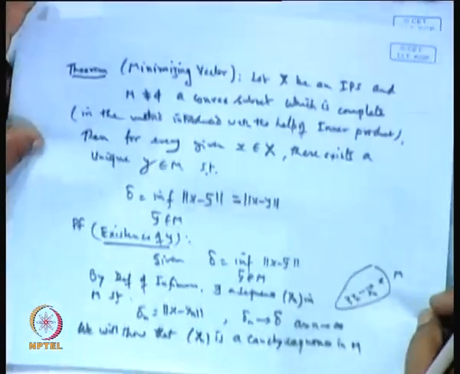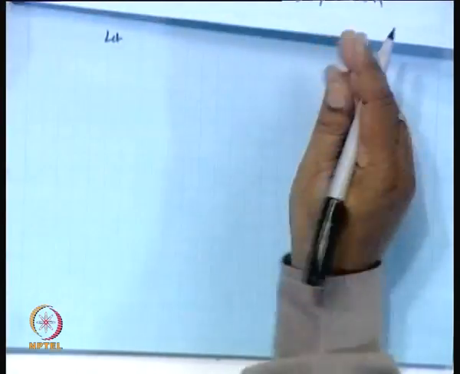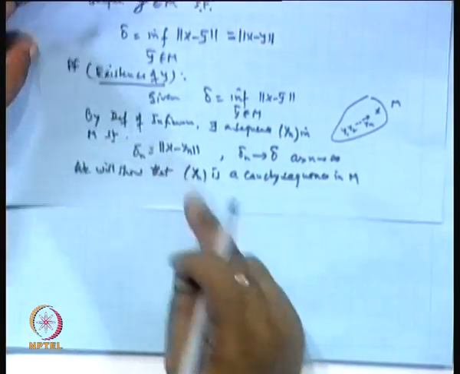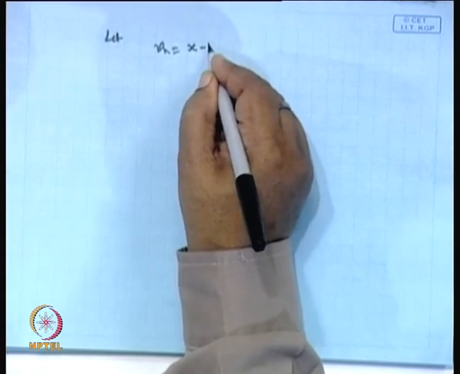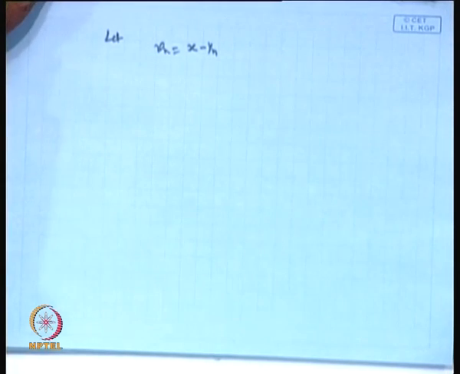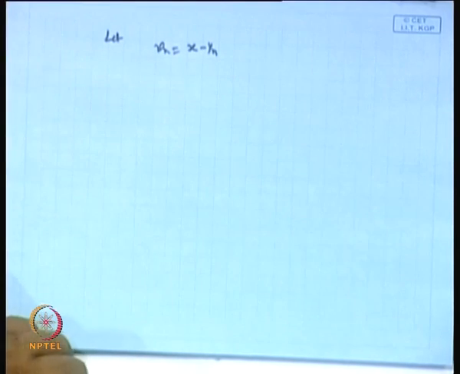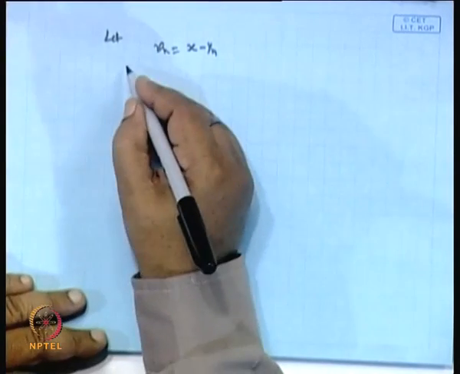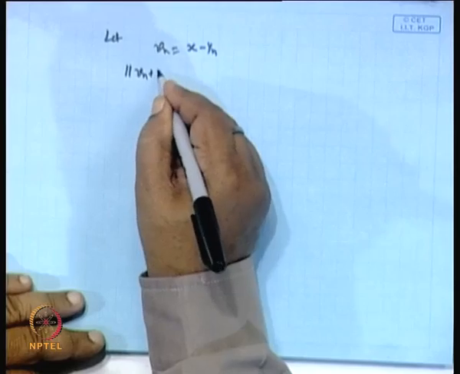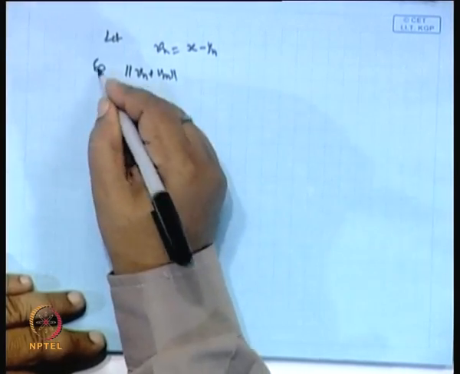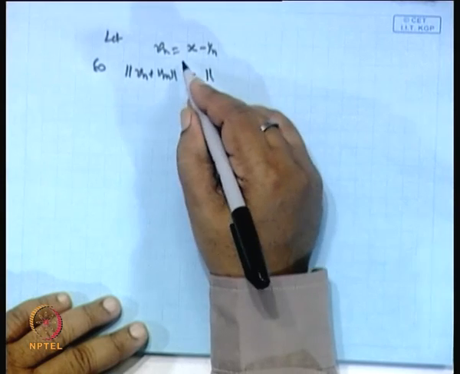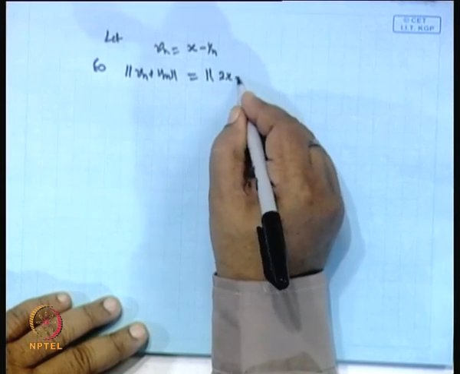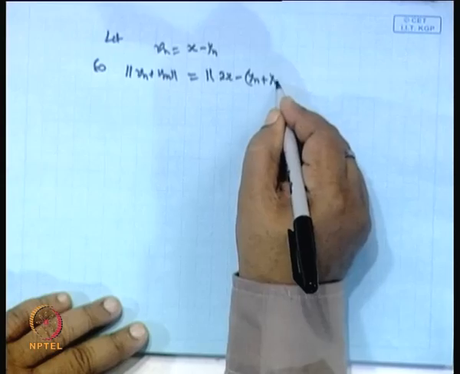Let us put x minus yn as Vn. So, we get norm of Vn plus Vm. What is this? This is equal to 2 times x minus (yn plus ym) over 2.